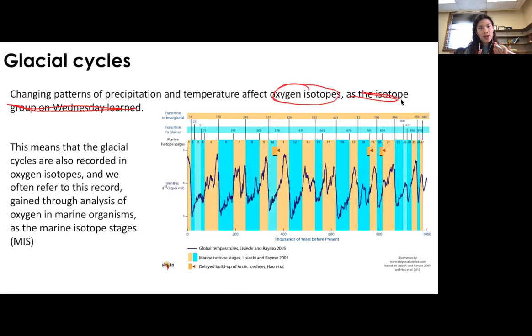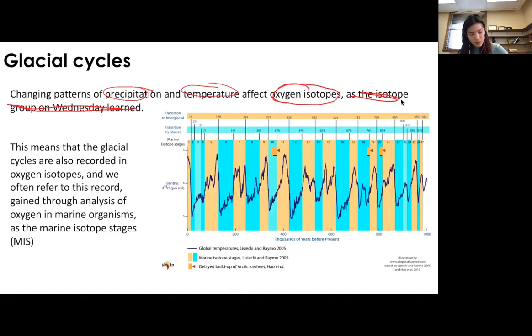And we can look back at ice cores and at other coral records, anything that takes up oxygen from the atmosphere or from the ocean, and we can look at how those oxygen isotope abundances have changed over time to relate back what the precipitation and temperature conditions were. So this means we can record glacial cycles in oxygen isotopes and use these as a record to look at past changes in glacials and interglacials.